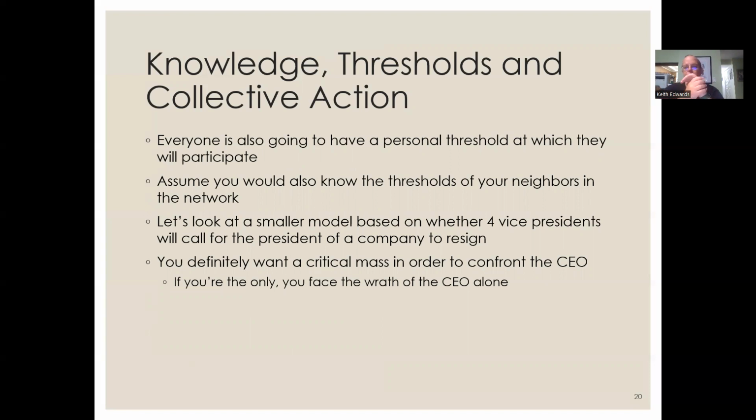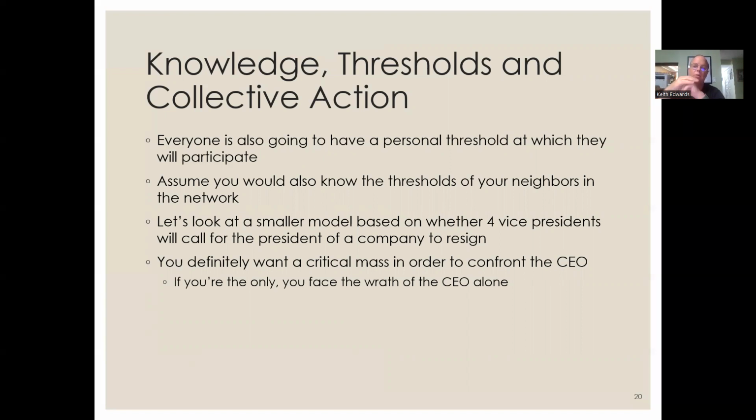Everyone's going to have a personal threshold at which they'll participate. Mine's probably quite high before I'm going to go out into the streets. There are some people who will always be out in the streets. So, assume you also know the thresholds of your neighbors. I know my neighbor to the left and right, at which point they're going to go out there and protest.